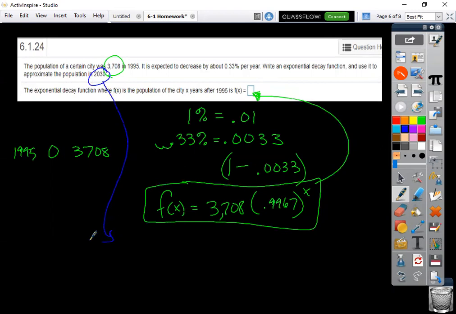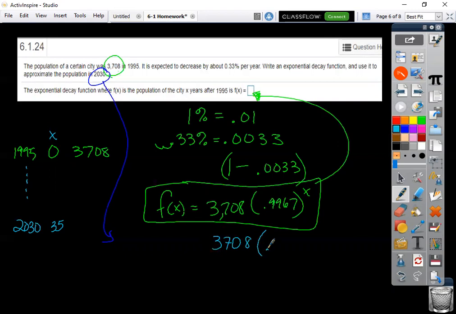So if I'm going to do 2030, over here in my table, I've got all these years going down here. What would this x be after 1995? Well, it'd take 5 years to get to 2000 and then 30, so that'd be a 35 for my x. So I'm just going to go over here and put in the 35 for my x.